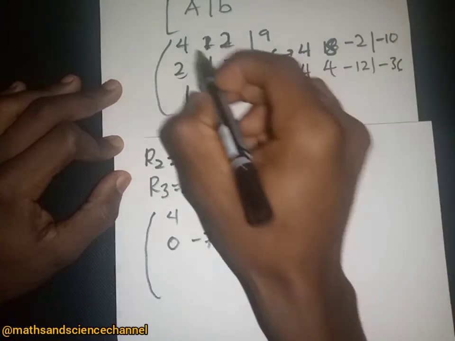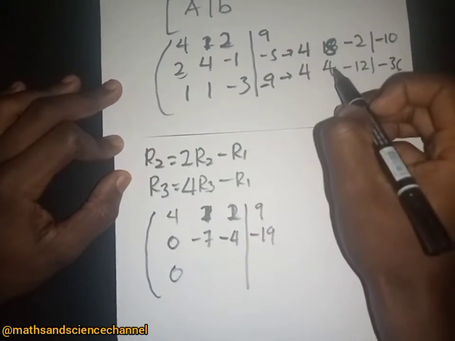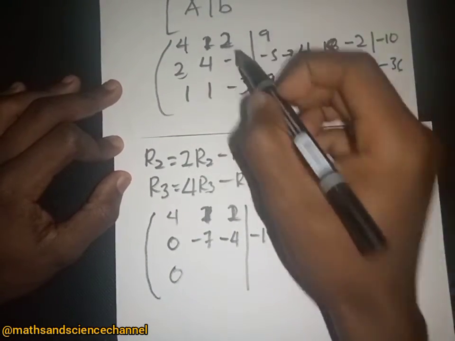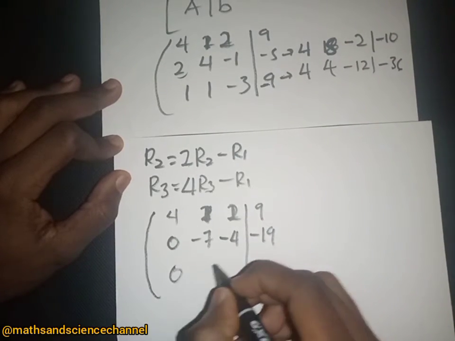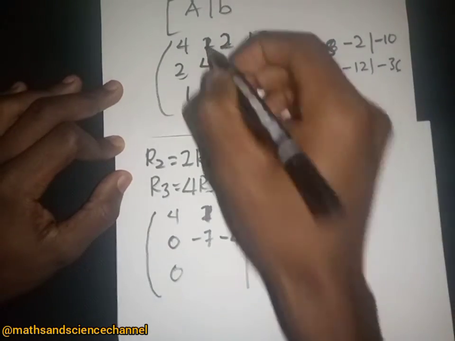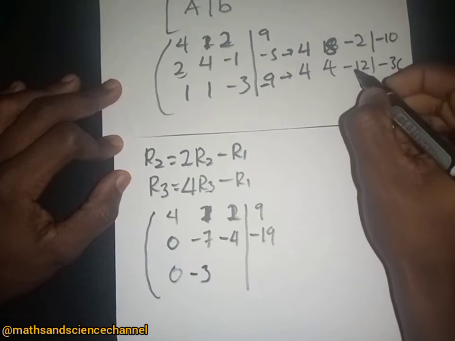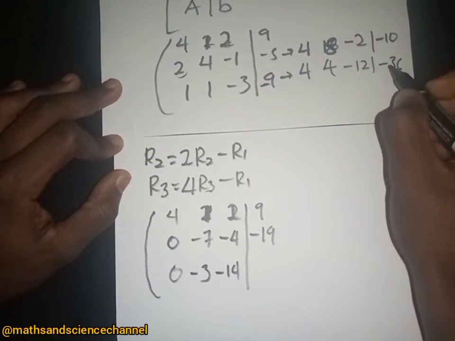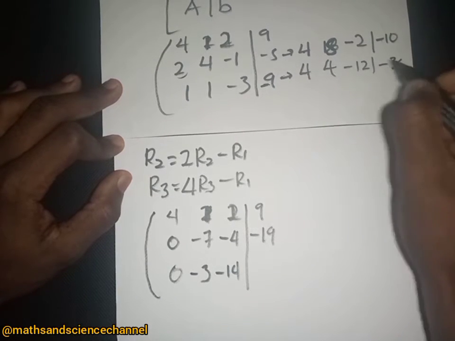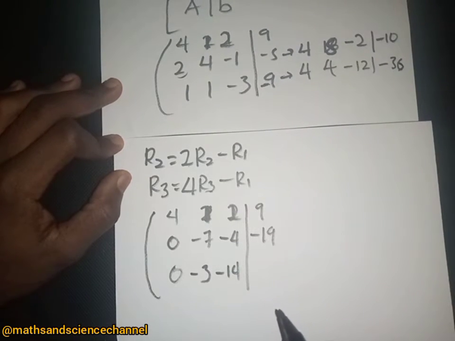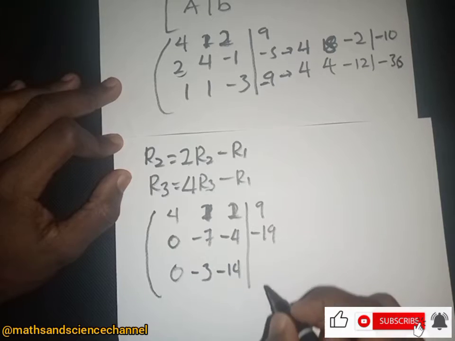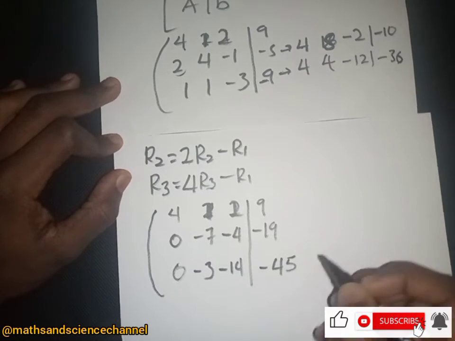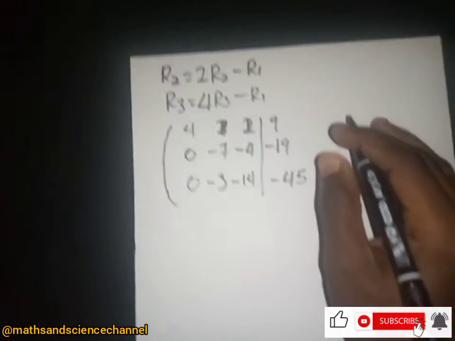Then 4 minus 4 also goes to 0, then 4 minus 1 gives us -3, then -12 minus 2 is -14, then -36 minus 9 gives us -45. So this is what we have.